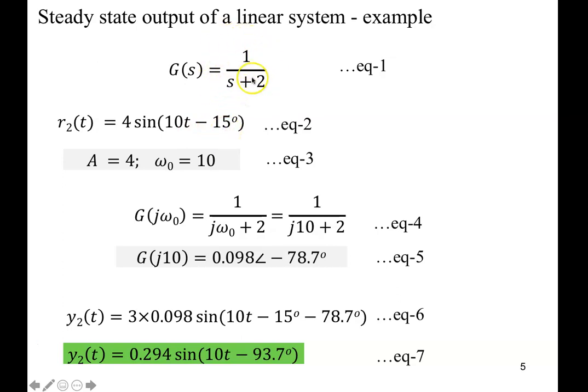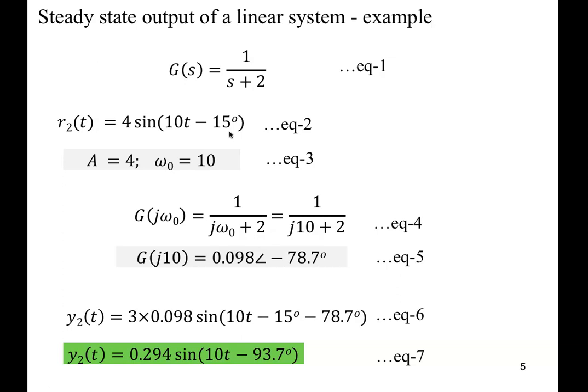But this time, if we identify these three parameters from the input, I get the amplitude, the number before the sine symbol, 4; the frequency, the coefficient of t, the number before the time t, which is 10; and then the initial phase angle, which is minus 15. I'll need that later on, so just make a note of it.